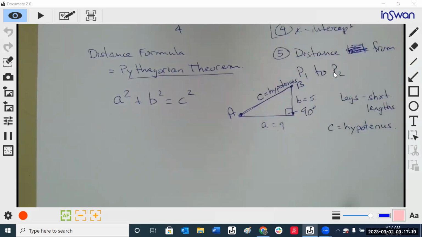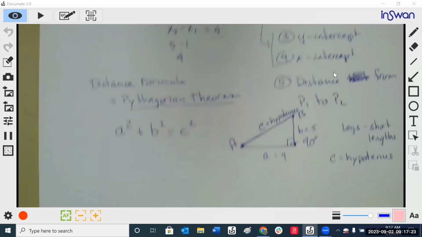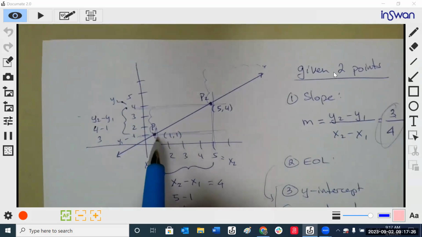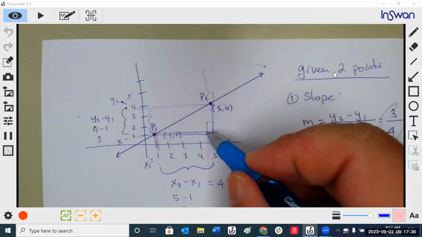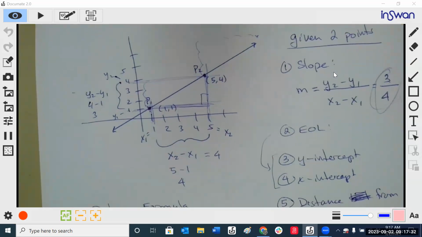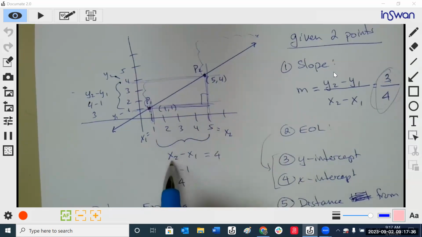But let's use our example. Can we relate this to our example? Well, notice here and here, we created a right angle. Horizontally, it's y2 minus y1, that equals 4.